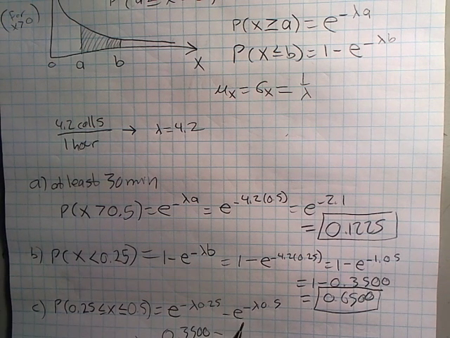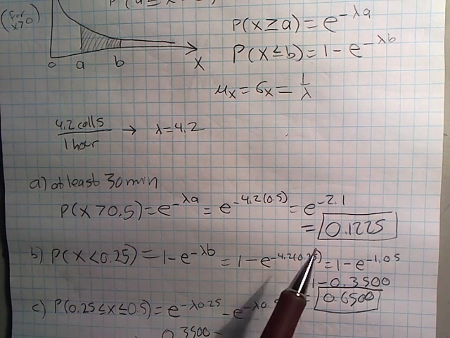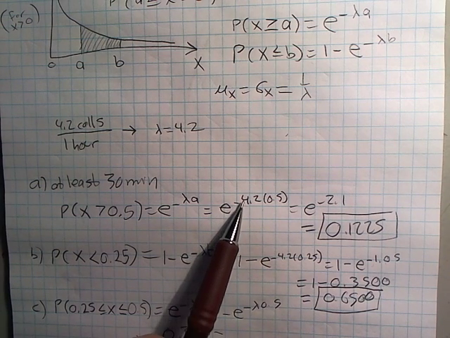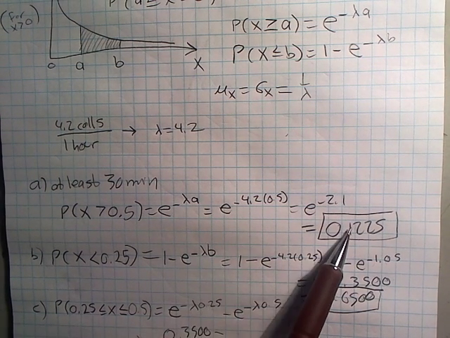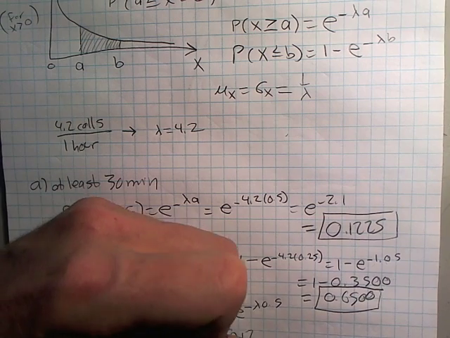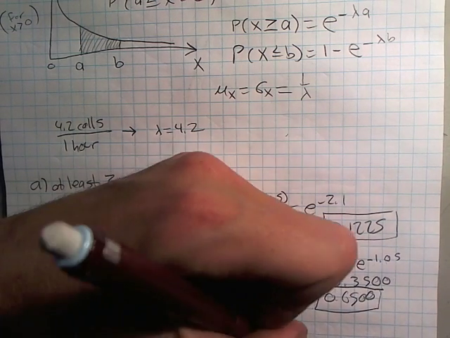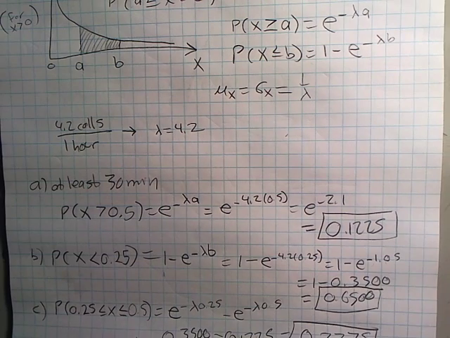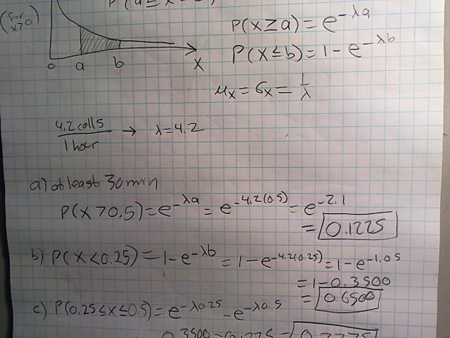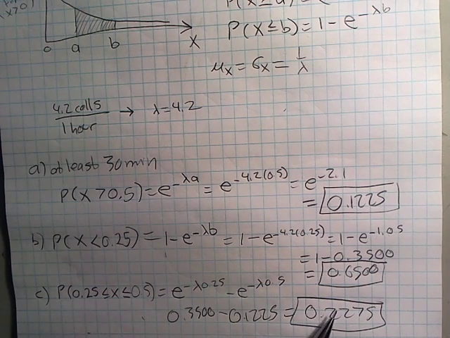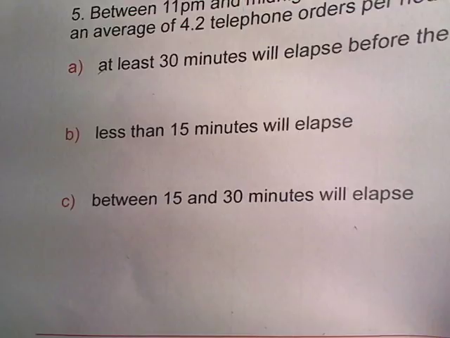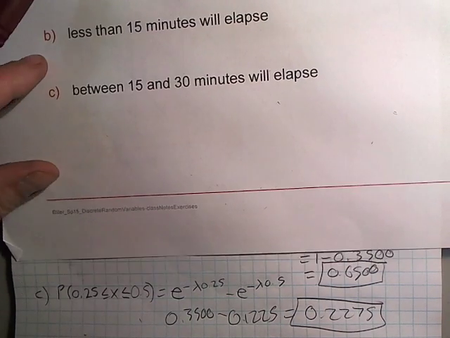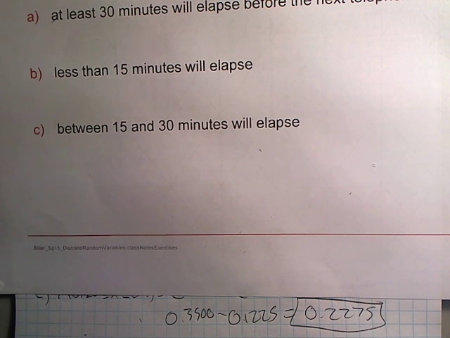From that, we're going to subtract e to the negative lambda times 0.5, which we solved here, and is equal to 0.1225. So we'll go ahead and do that math, and our answer for part C is that there's a 22.75% probability that between 15 and 30 minutes will elapse between telephone orders.